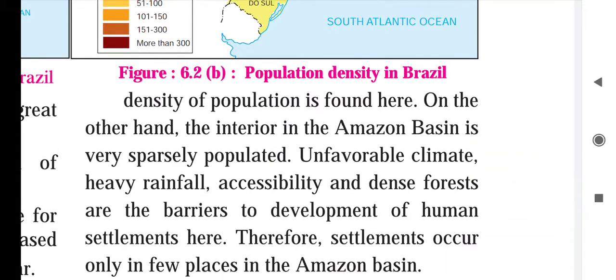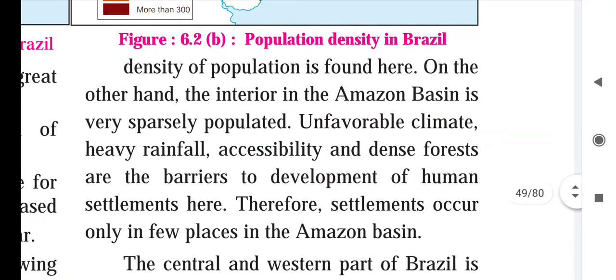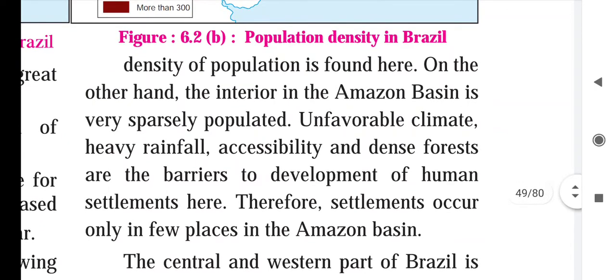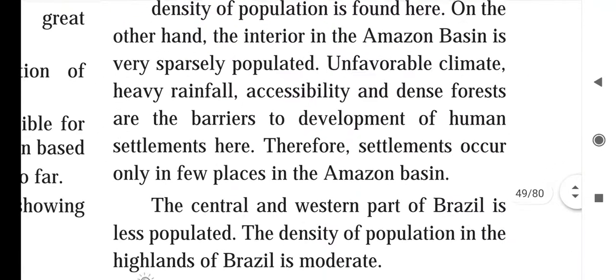Unfavorable climate, heavy rainfall, and inaccessibility of dense forest are barriers to the development of human settlement here. Just now we discussed that in the Amazon river basin, because of the dense forest and heavy rainfall, human settlements are sparse. Therefore, settlements occur only in a few places in the Amazon basin.